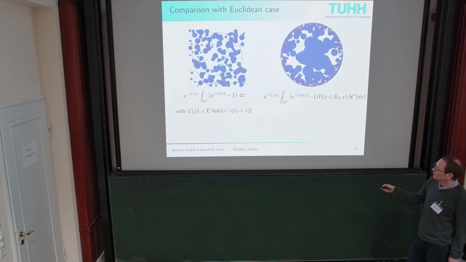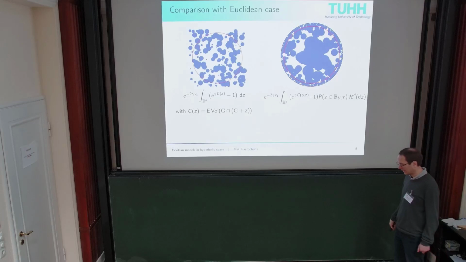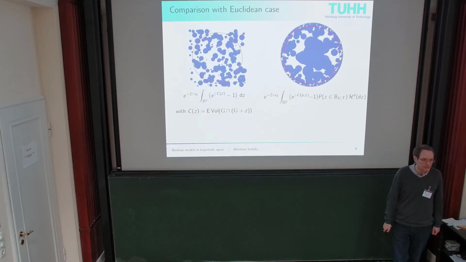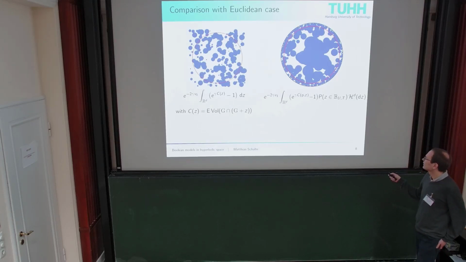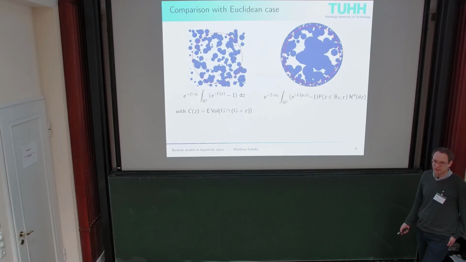So you see that the first factor is the same, and then this term here and here is also the same, but what is really new in the hyperbolic case is this probability involving the random horoball, which is not present in the Euclidean case. Okay, so what we see is that this additional factor here emerges.